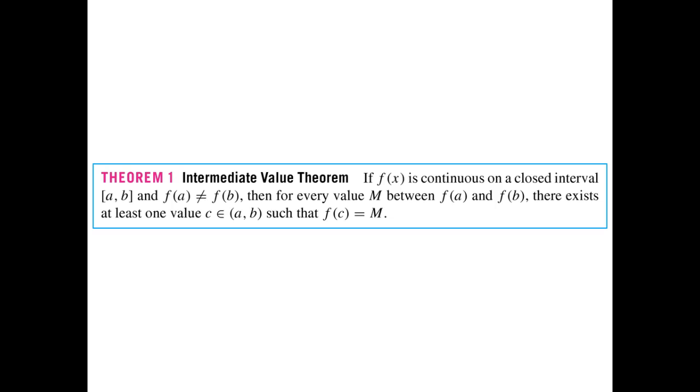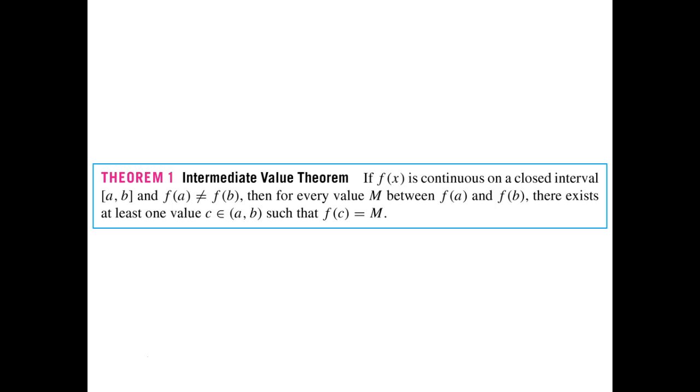Helps my throat. All right, here's the intermediate value theorem. Condition is your function must be continuous. So if f of x is continuous, it doesn't have to be continuous everywhere. It has to be continuous on some closed interval, a to b, closed meaning you count the a and the b in the interval, and f of a is not equal to f of b.